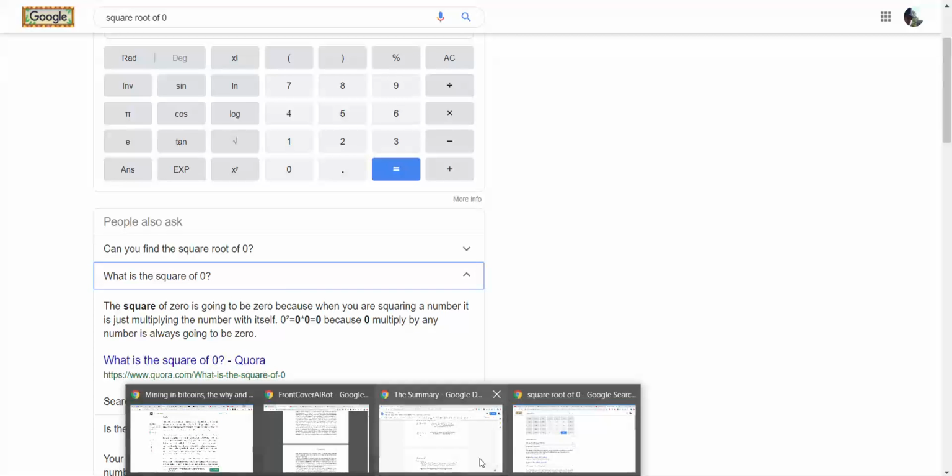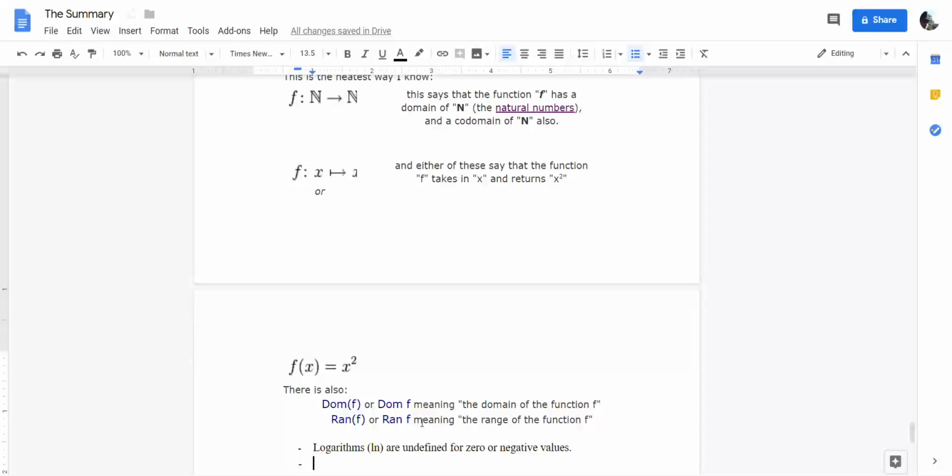Okay, I always thought it was undefined. That's why I couldn't. Square root of 0 is 0. Square root of less than 0 is undefined. Negative numbers only, not 0.